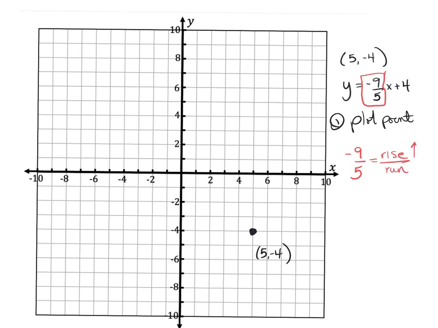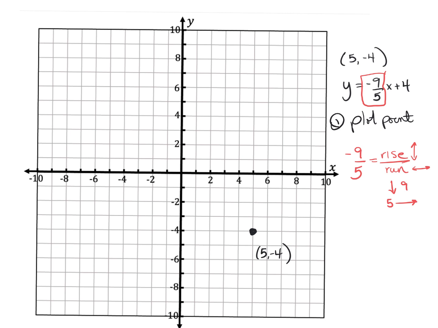Remember, rise is up and down, run is left to right. And you'll notice my 9 is negative. So that means I would have to count down 9 units and then right 5 units because 5 is positive.